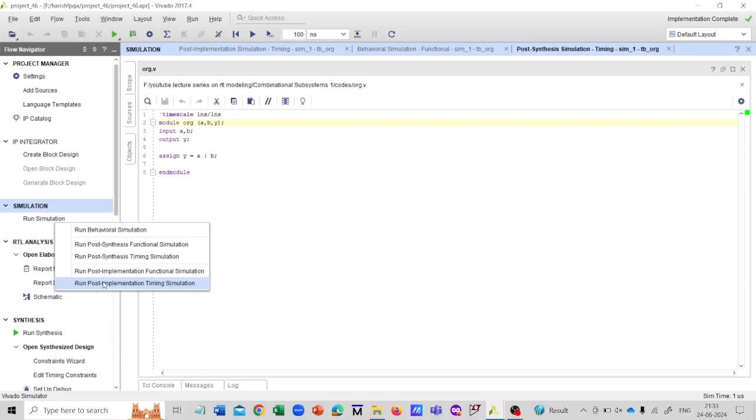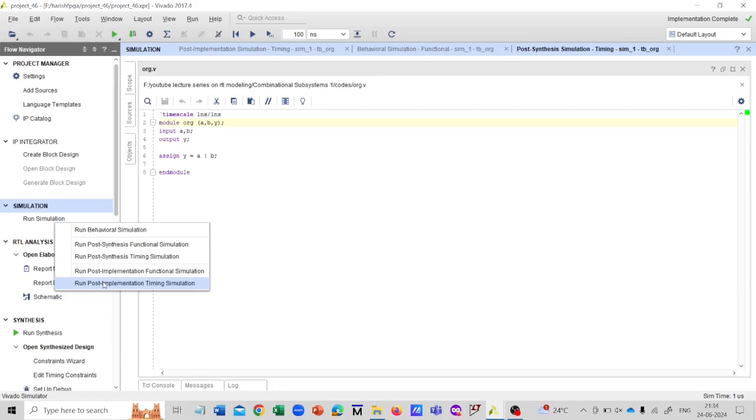Therefore, you can expect the propagation delays in the post implementation timing simulation to be more than what you had observed for the post synthesis timing simulation.